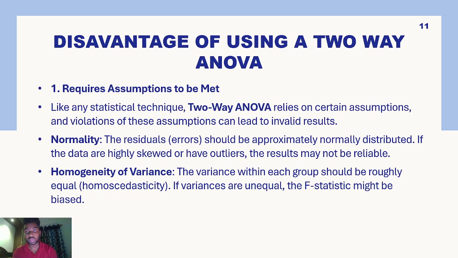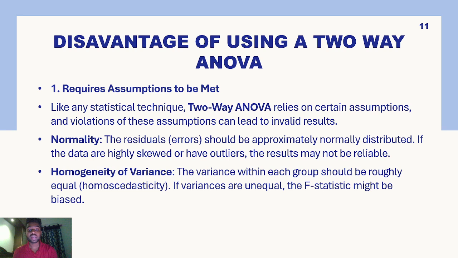Disadvantage of using two-way ANOVA. Requires assumptions to be met. Like any statistical technique, two-way ANOVA relies on certain assumptions, and violations of these assumptions can lead to an invalid result. Normality: the residual errors should be approximately normally distributed.